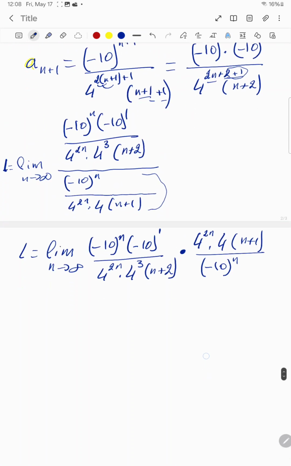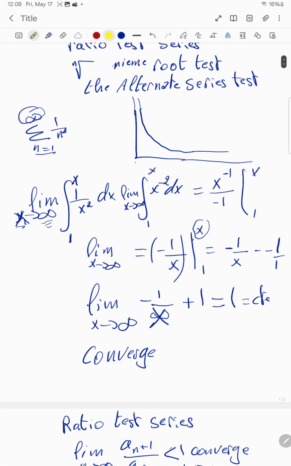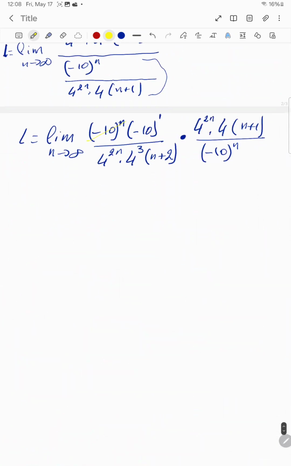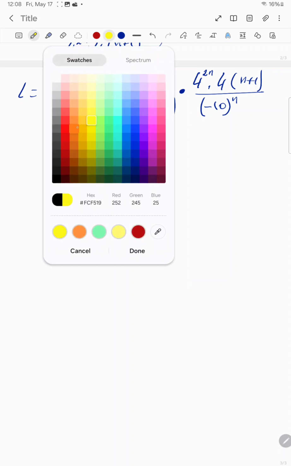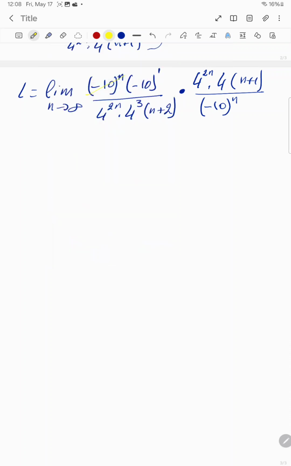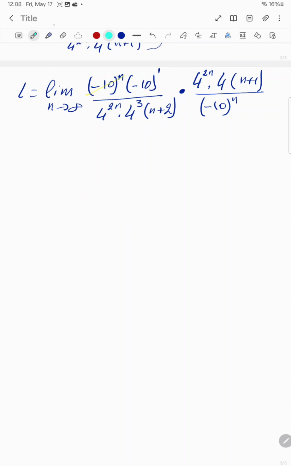And now, since I have all multiplication, I can start simplifying. So let's take another color here, so you can see it better. Let's take this color. So minus 10 to the power of n and minus 10 to the power of n, I can simplify it.